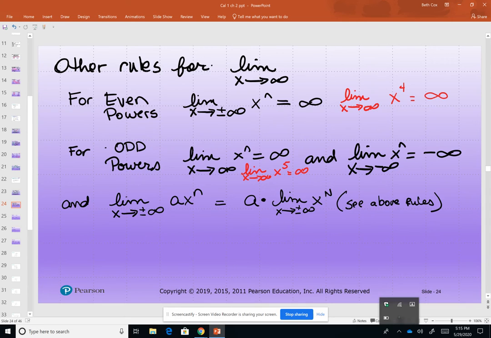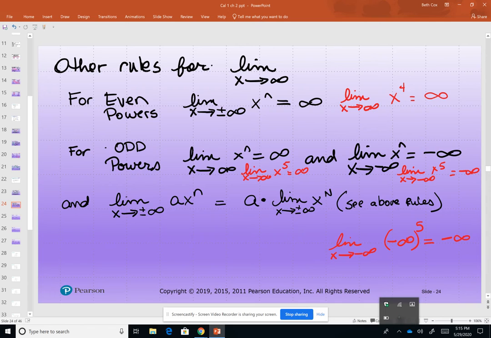But when we have negative infinity, the limit as x goes to negative infinity of x to the fifth is going to be negative infinity. Now let me explain that. It's very intuitive if you just plug it in: negative infinity to the fifth. We know anything that's negative raised to an odd power is going to give me a negative. So a little intuition there.